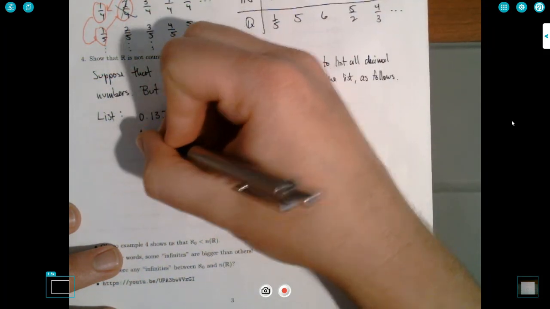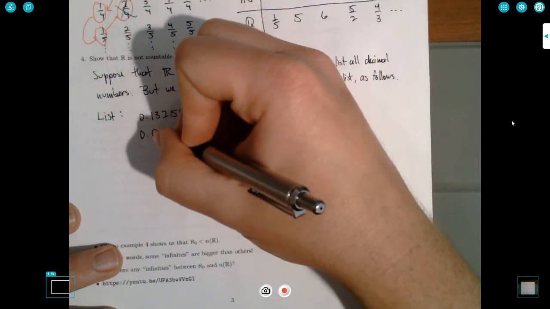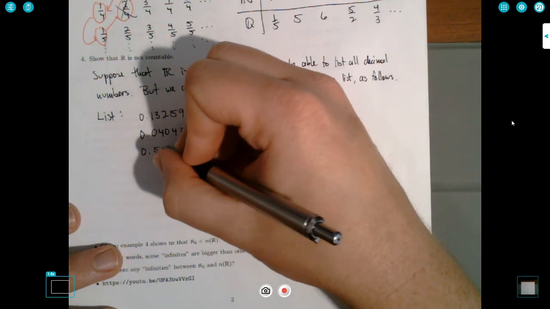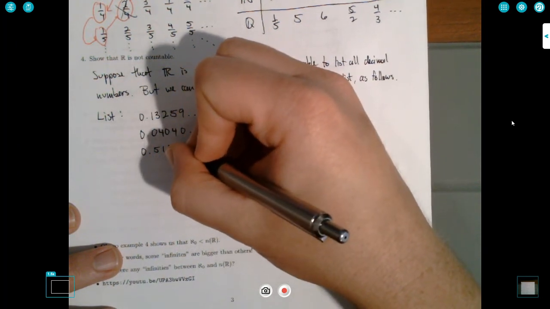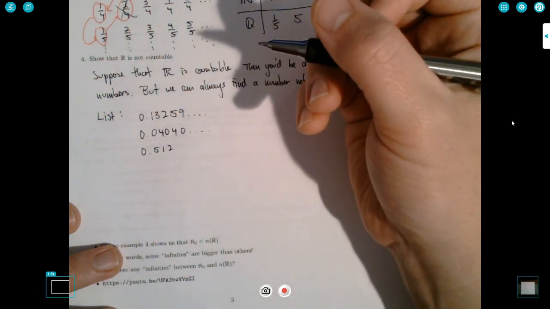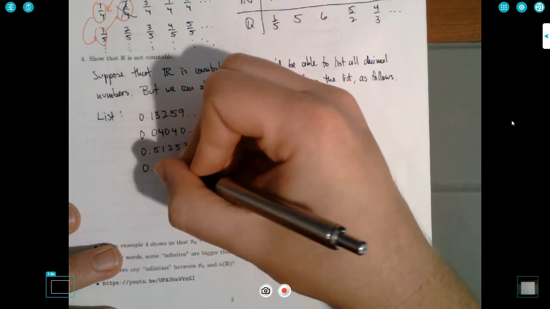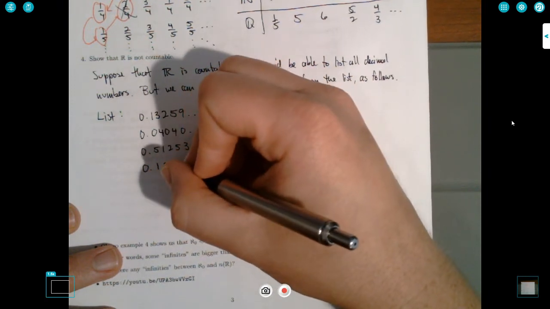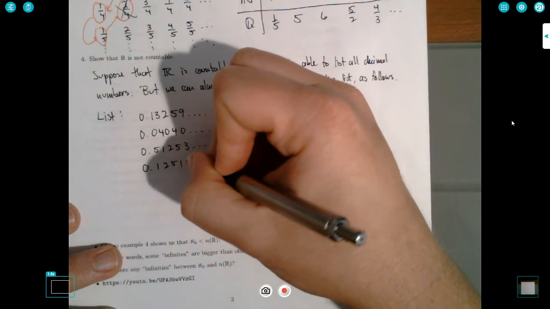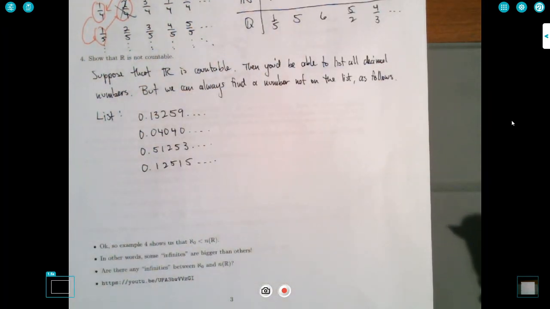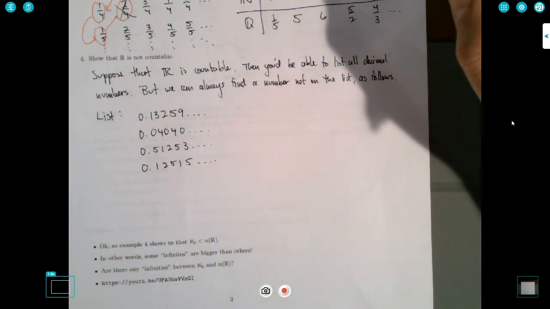And then you've got 0.2 0.04040, and then you've got 0.512 53, and then you've got 0.12515, and so forth. So you've got all these numbers on this list.